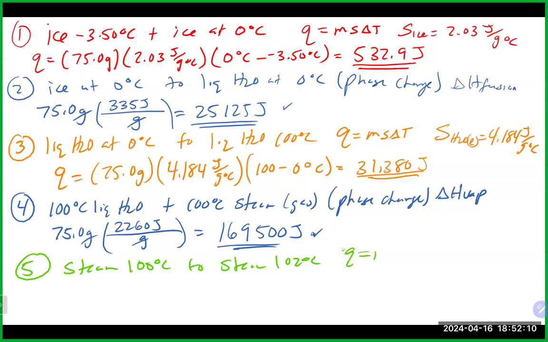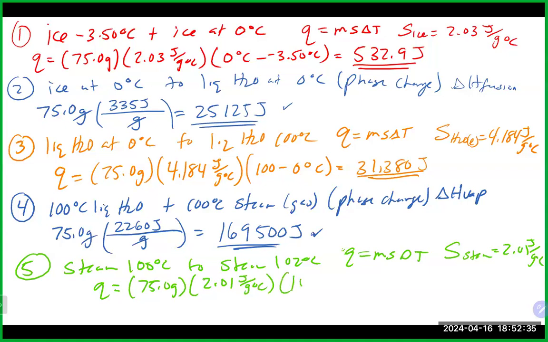So once again, back to our specific heat equation. We do need to use the specific heat for steam, which is about 2.01 joules per gram per degree Celsius. So we'll put it in there. Q is going to be 75 grams. The correct specific heat capacity for steam.